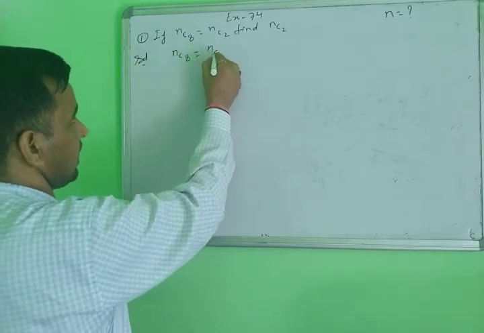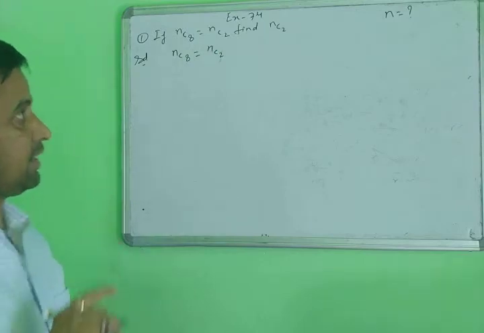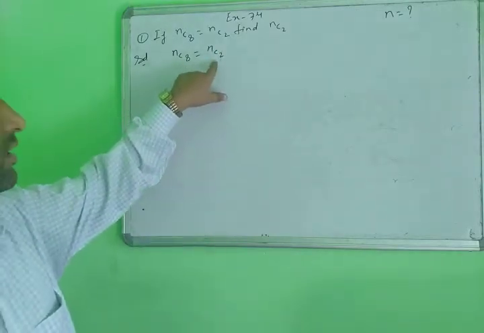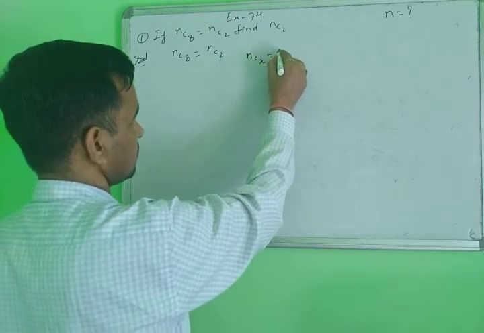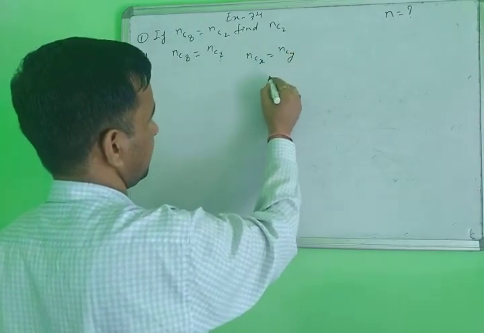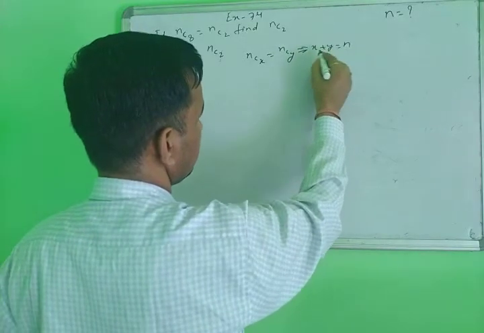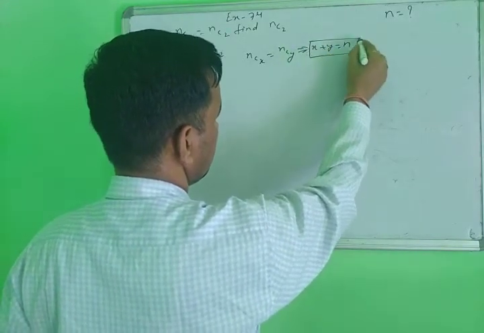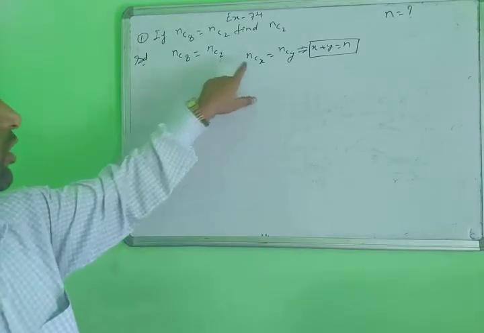nC8 equals nC2. Identity number 9: if nCx equals nCy, it means x plus y equals n. According to this identity, we solve this question.